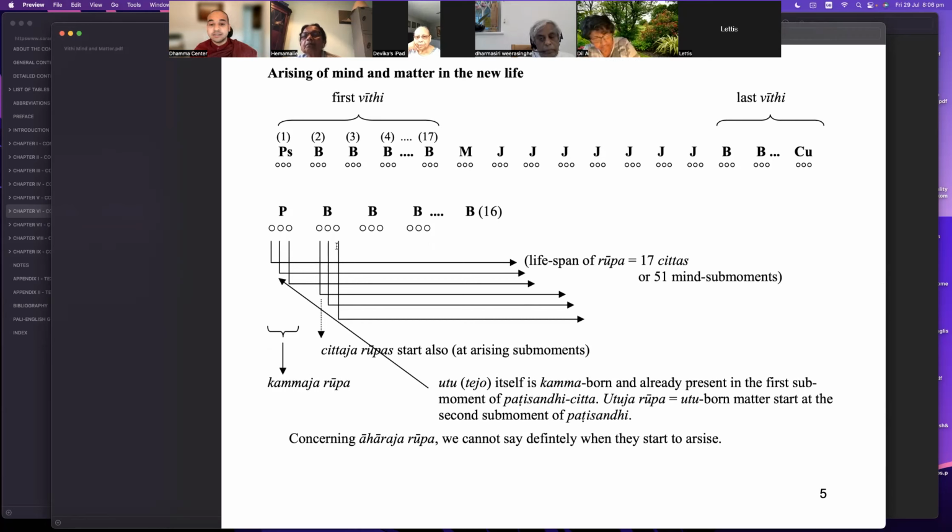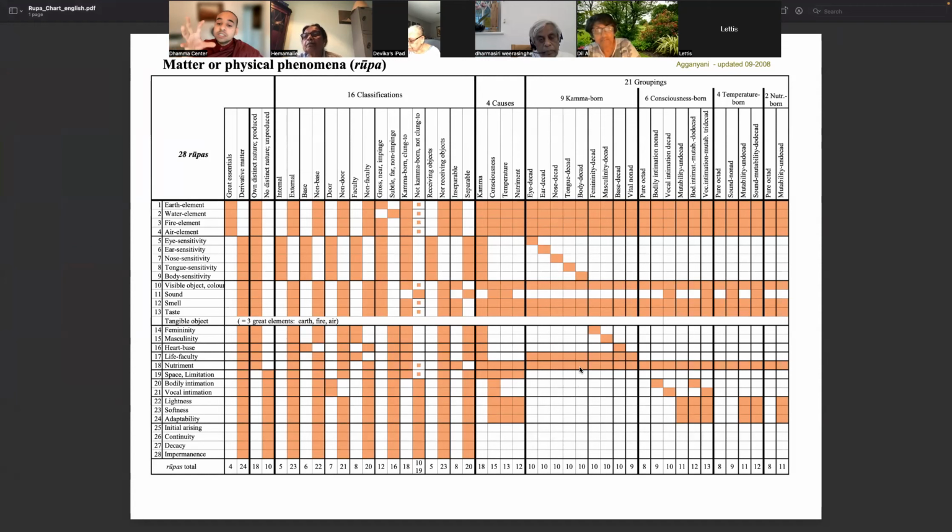Now, let us relate that knowledge into this. The life force. How is the life force supported? The physical life force is supported wholly through this karma born set here, which is very interesting.